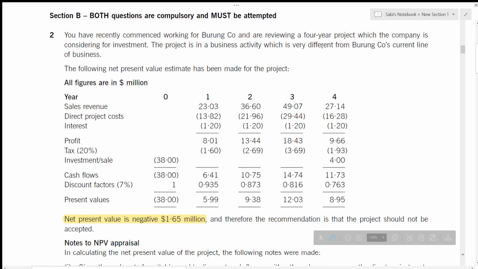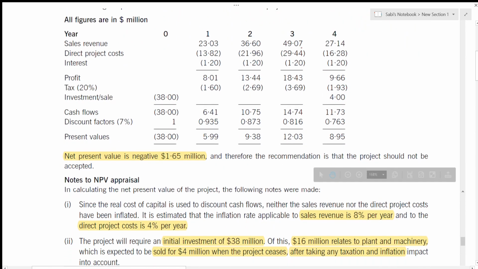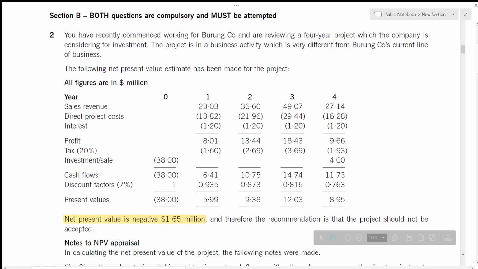You have recently commenced working for Burang company and are reviewing a 4-year project which the company is considering for investment. So it's a 4-year project, okay? And the project is in a business activity which is very different from Burang company's current line of business.